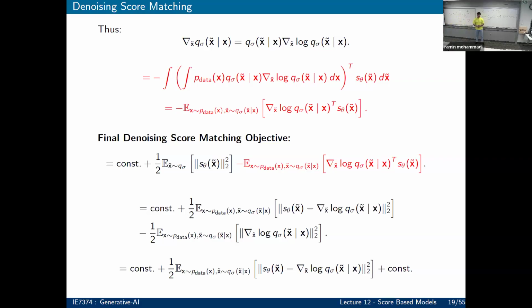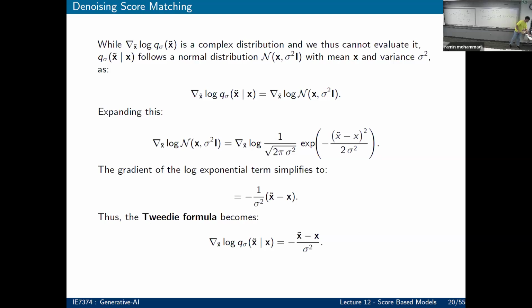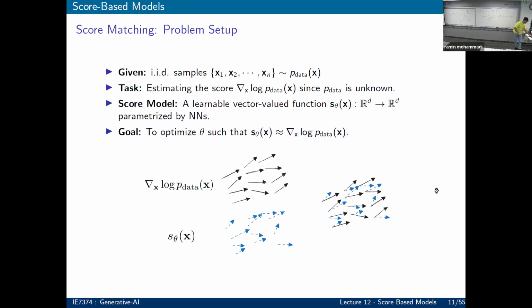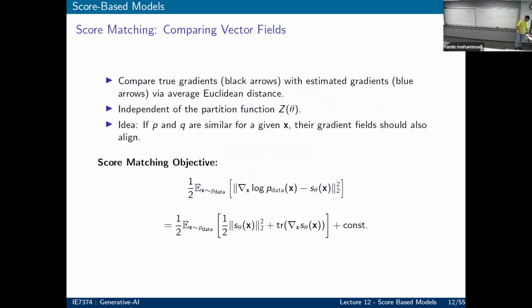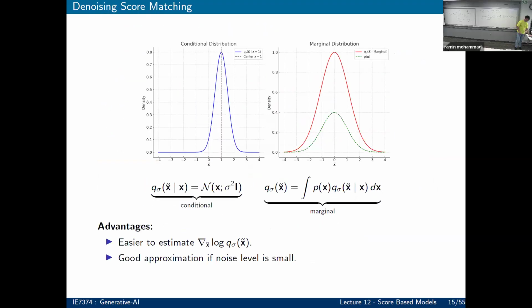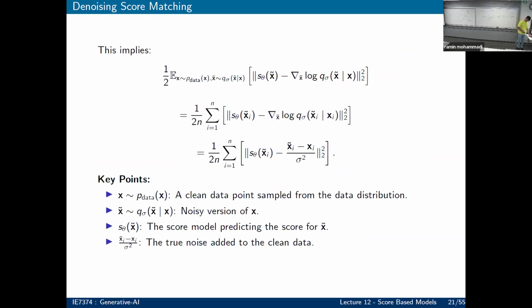Remember at first when we defined q, the q on the left, a Gaussian with mean x and variance sigma squared I. That is a PDF. Take a derivation of that PDF with respect to x.